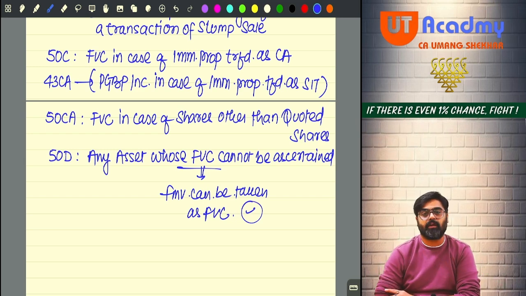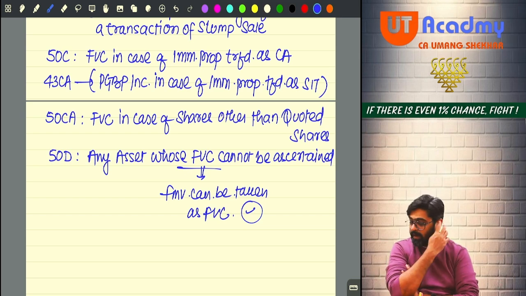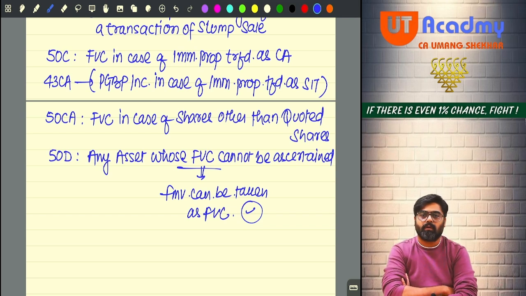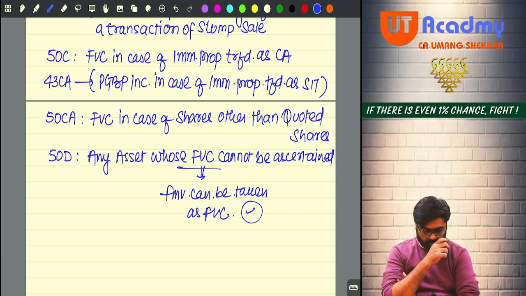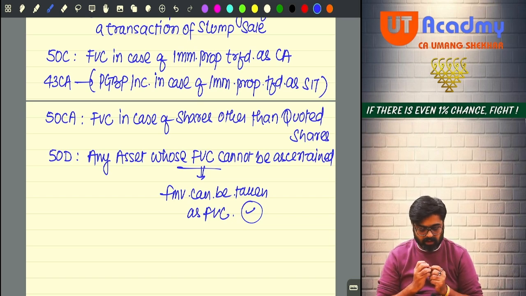So this section gives the power, this section gives the right to the assessing officer. If he tries to ask you at what price you have sold the asset and you are not telling him the truth, again and again you are trying to hide something from him, yes or no? He is trying to ask you to tell the truth, at what rate you have transferred the asset, and you are not telling him the correct thing.